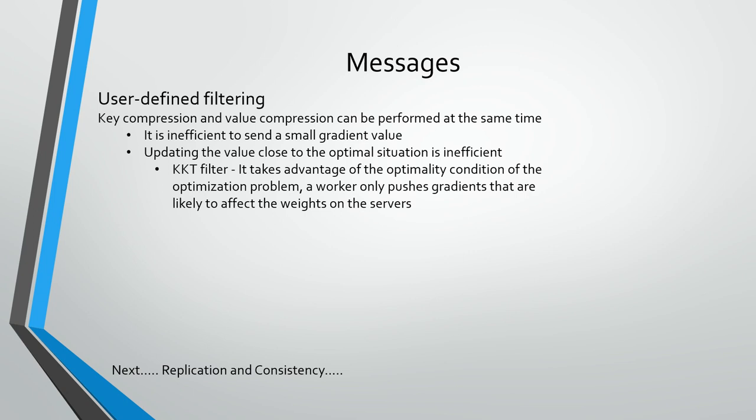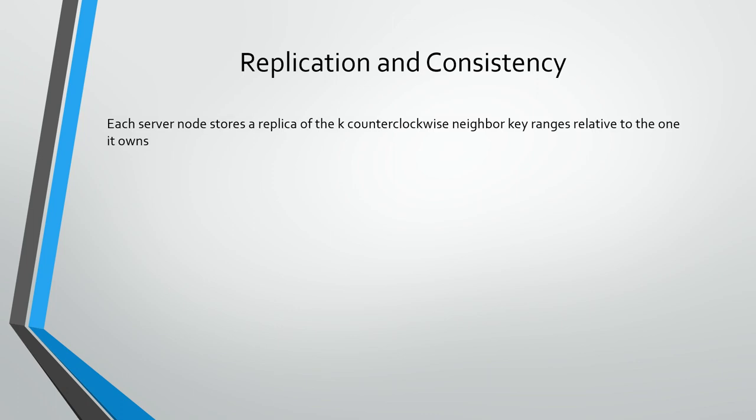Next, I'm going to discuss replication and consistency. The parameter server traditionally uses consistent hashing, where the parameter key and server node ID are inserted into the hash ring, like in this picture.